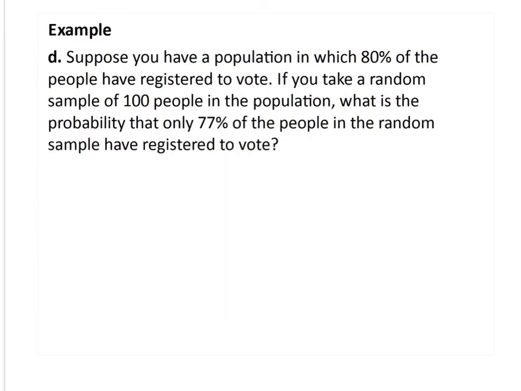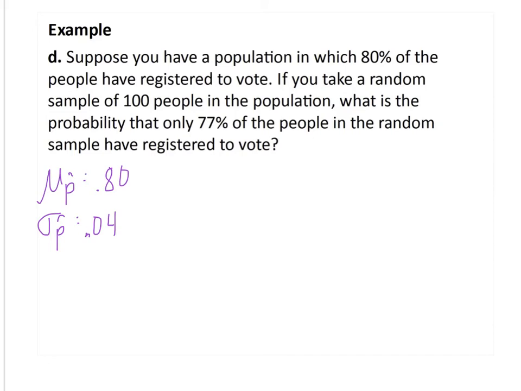So, to bring all of this together, we know the shape is normal, the mean of p hat is 0.80, and we know the standard deviation of p hat is 0.04. Well, when would I want to know this information? I would want to know this information if I want to know a probability.